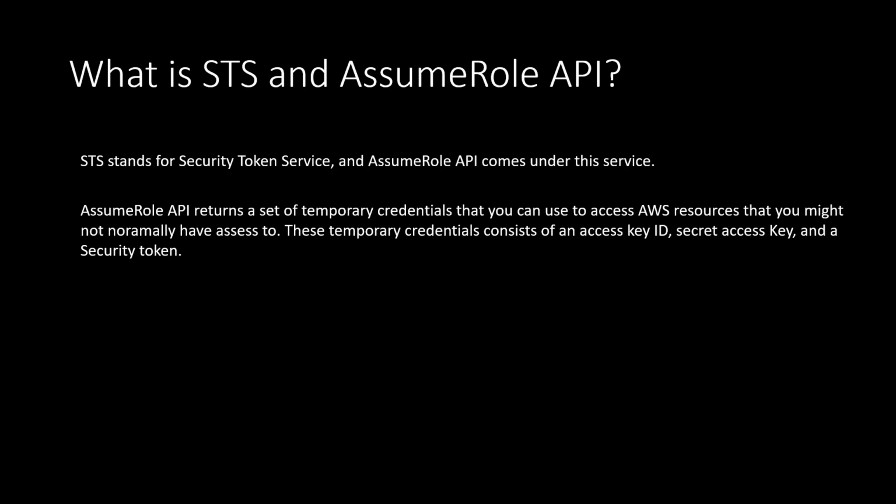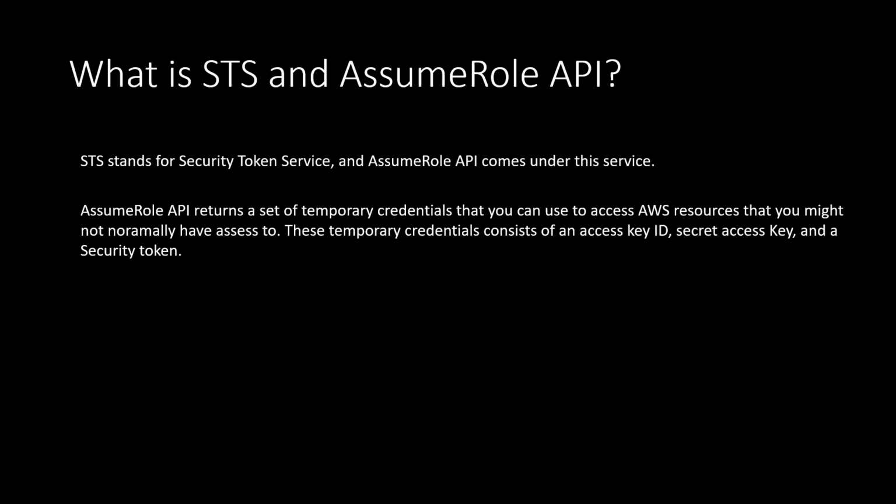What it says is that the user we are talking about, for example our user who has access to S3 to read the objects, must call the AssumeRole API to assume another role which has permission to delete the objects from the S3 bucket.